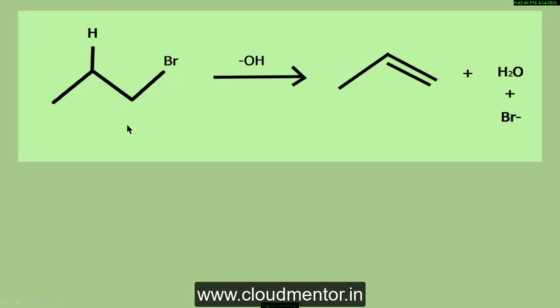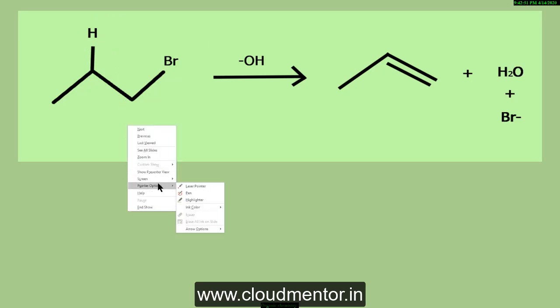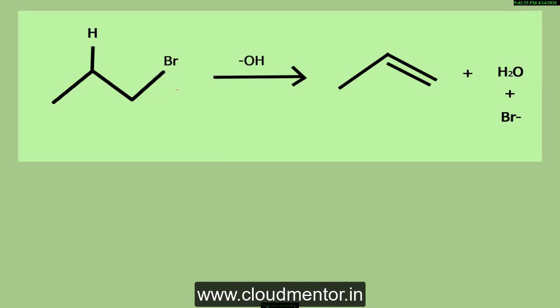Notice that the arrow goes from the hydroxide directly to this proton. Then the electrons in the carbon-hydrogen bond are going to form a double bond between these two adjacent carbon atoms.